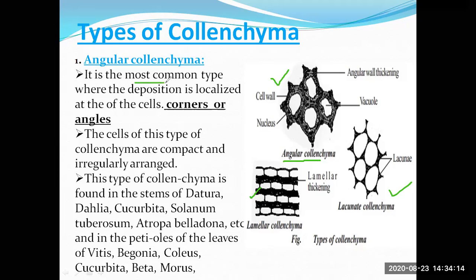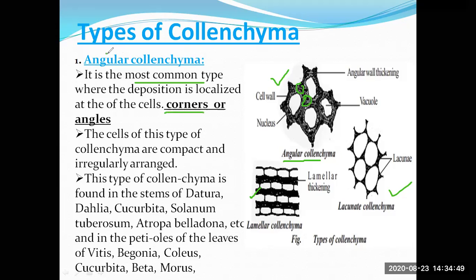This is the most common type of collenchyma, where the cell wall thickenings are localized at the corners or at the angles, particularly where two cells are united. This is a very important point to remember.